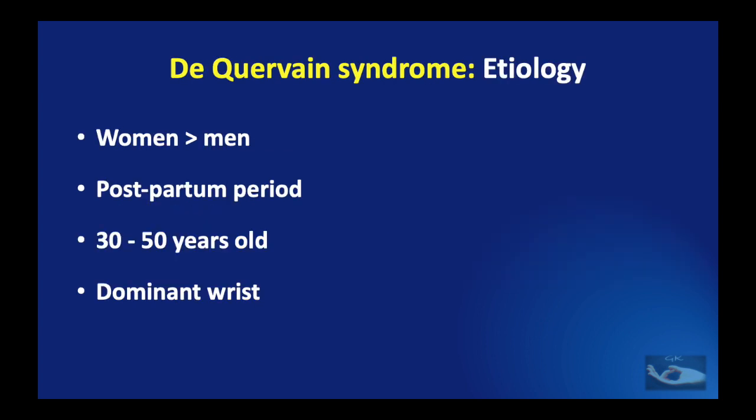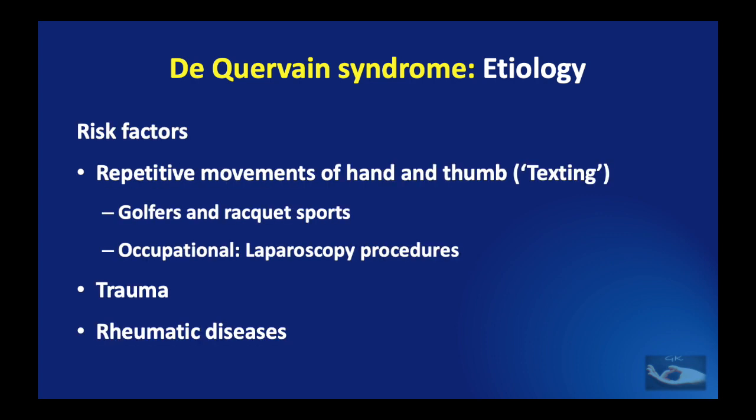The condition of de Quervain syndrome is seen more commonly in women than in men, and especially in the postpartum period. The commonest age of affliction is about 30 to 50 years, and it commonly affects the dominant wrist. The risk factors seem to be repetitive movements of the hand and thumb, especially seen in texting on cell phones.